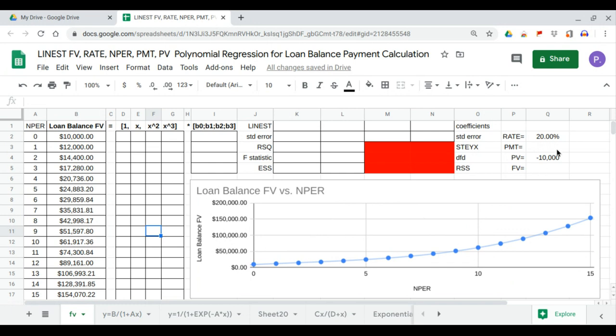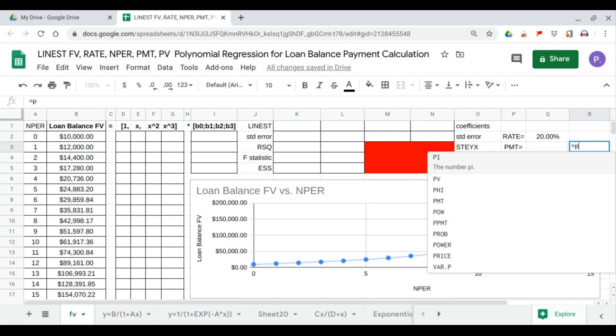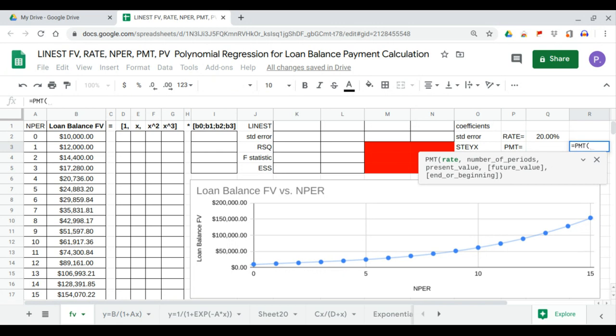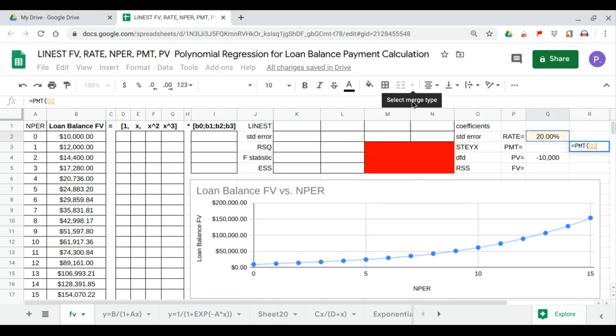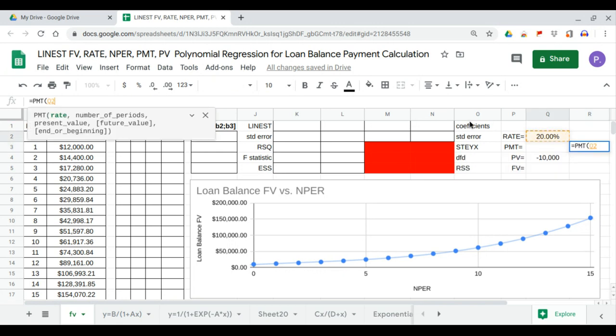How much payment will I make every year so that the balance of this credit card will drop to zero? So we'll use the function PMT. PMT, the rate, and then after the rate, the number of periods.